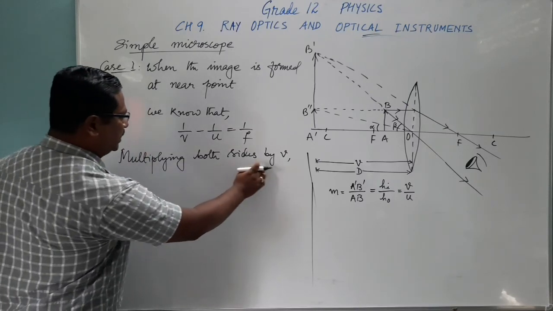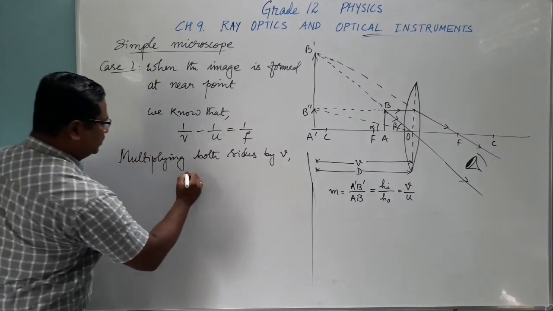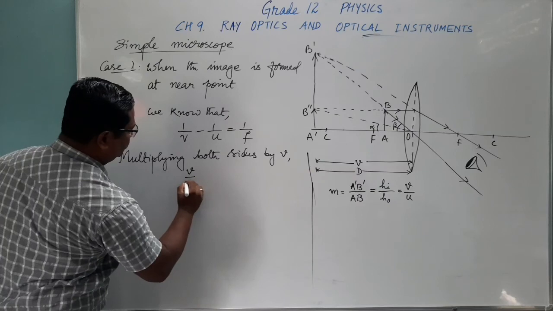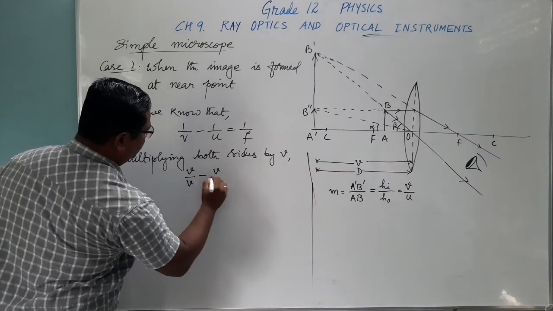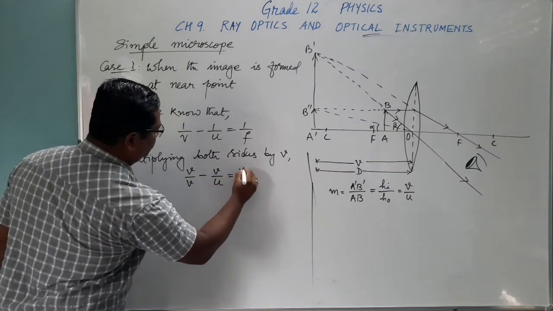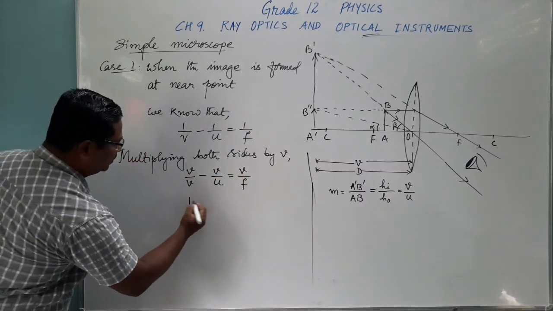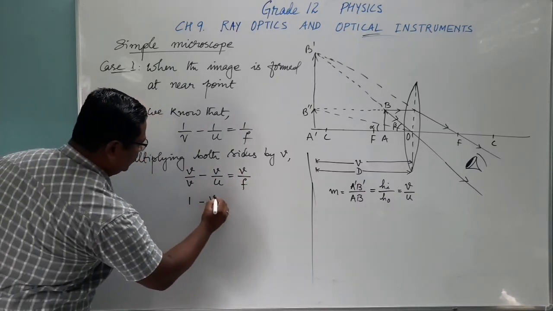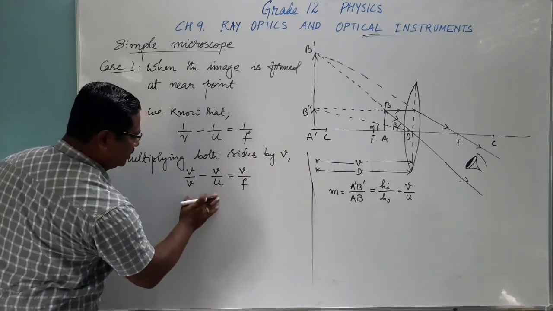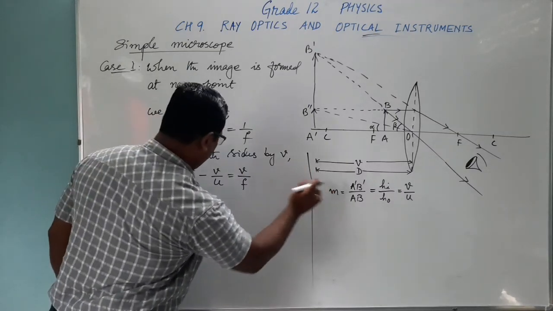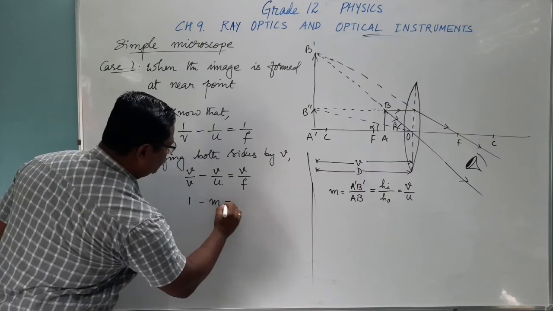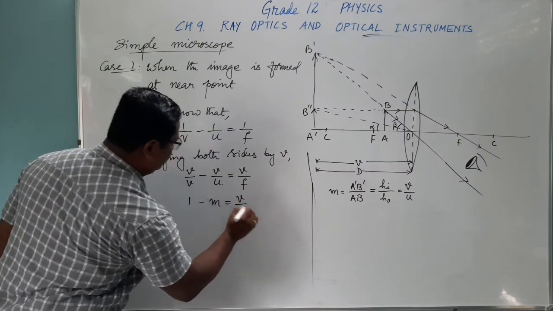Multiplying both sides by V we get V by V minus V by U is equal to V by F. Now V by V is 1 minus V by U, you can see this is the magnification, M is equal to V by F.